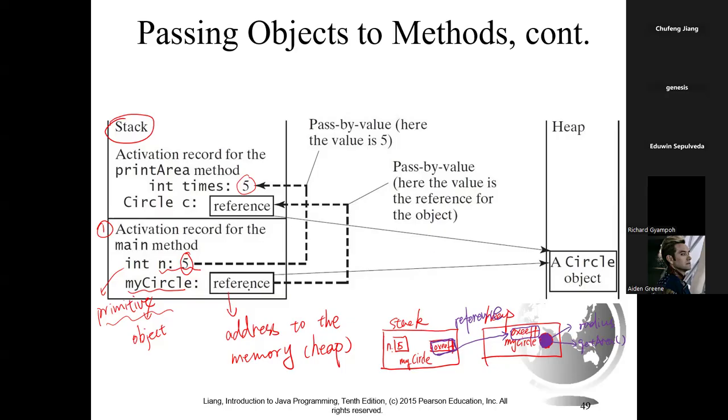So we pass the reference, that is 0xEEFF, and we pass it here, 0xEEFF. And that is passed by reference. As you can see here, it is a heap. We say there is 0xEEFF.